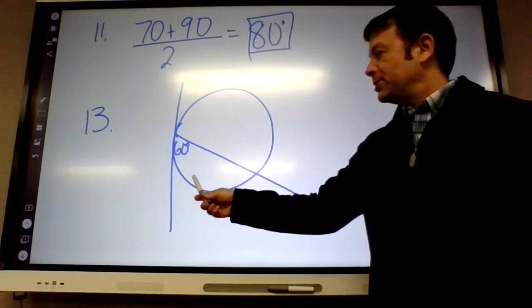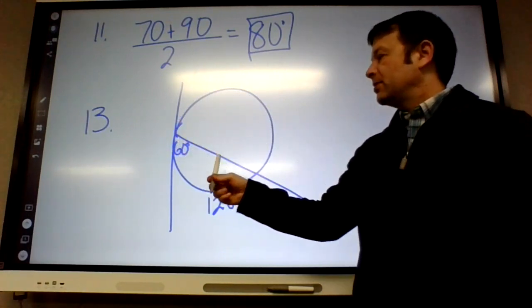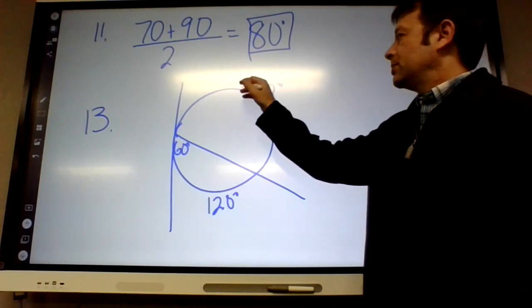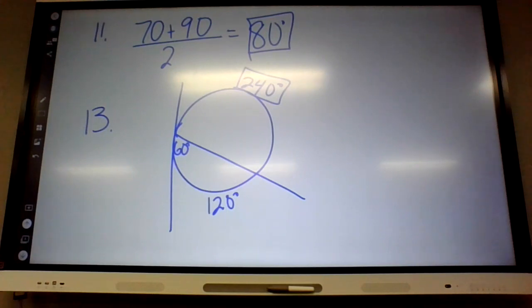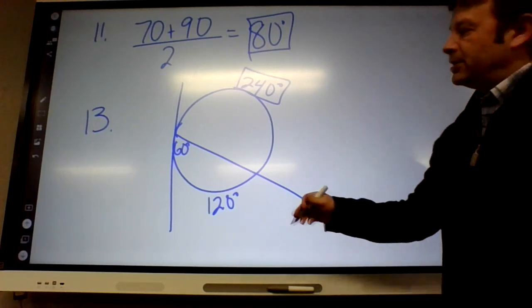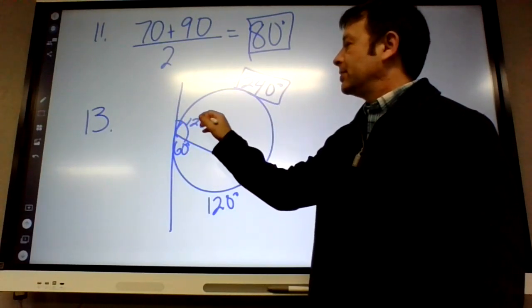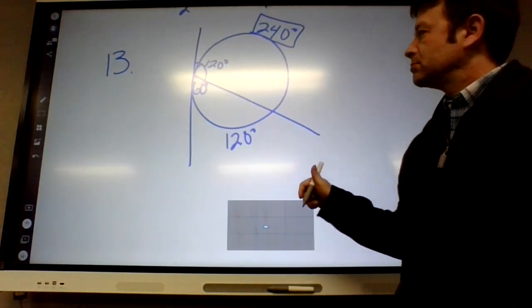And if this is 120, what's that leave for the rest of the circle? 240. Right, 360 minus 120, 240. There is another way to do that. Did anybody think of the other way? If this is 60, this angle right here is 120, and then this will be twice as big as that.